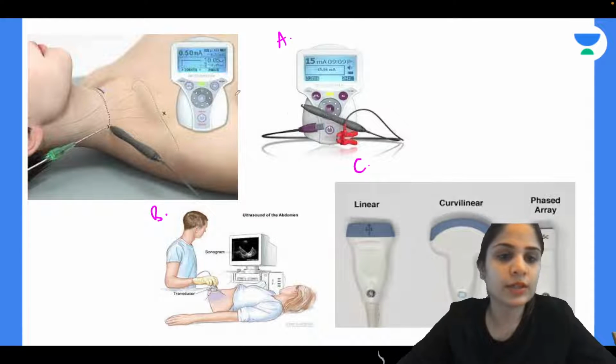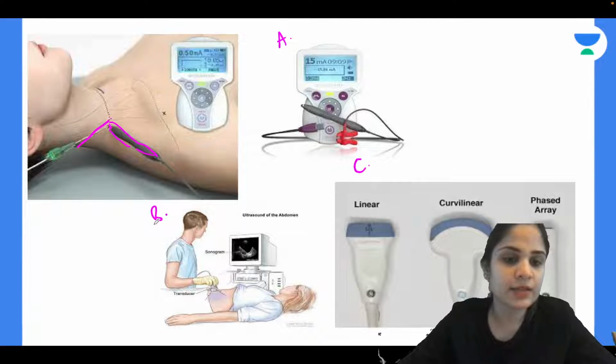First of all, in A, what can you see is happening? They have basically, you can see that there is a pen-like thing which is stimulating from outside and then you're putting a needle where the pen is stimulating. Okay, no, that is not central line.